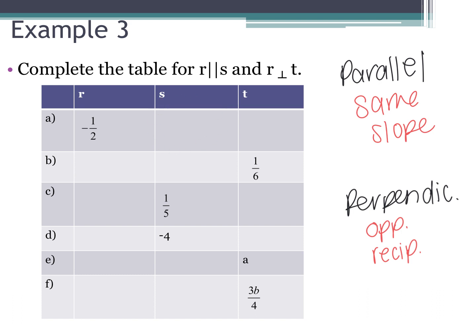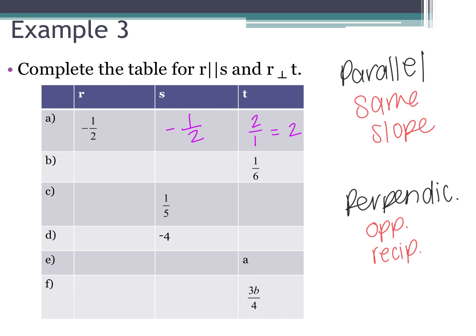Good. Okay, going to the next one. If r is perpendicular to t and r is negative 1 over 2, what should t be? 2 over 1. Good, positive 2 over 1, or you could just put 2, that's fine.